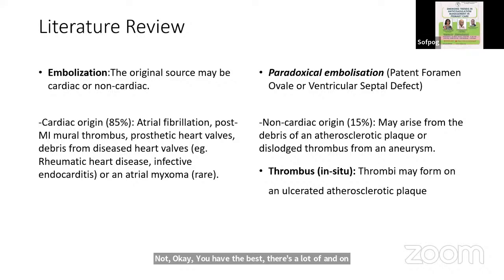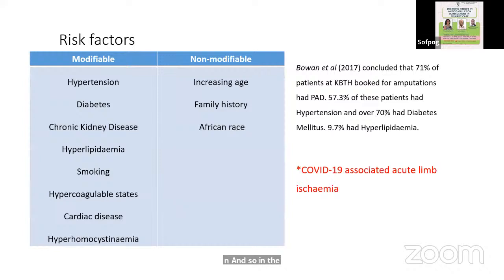And so in the history taking, these are some of the things that the family physician has to look out for. In terms of the risk factors, these are generally risk factors for a lot of atherosclerotic cardiovascular diseases, with modifiable and non-modifiable risk factors.